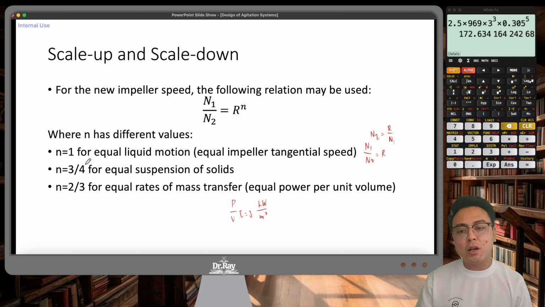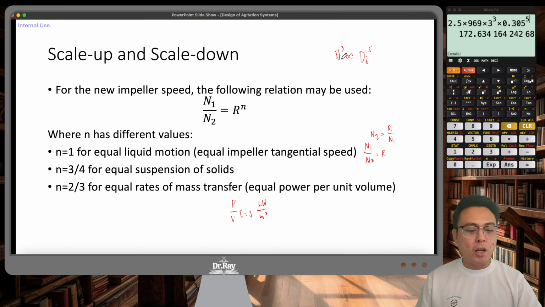So these are usually coming from experimental data, no? And from a large number of experiments, this is what we see that works as the value of this small n right here to relate to the impeller speed. Okay, the reason for this, remember, is because of the complicated relationship between the impeller speed and the impeller diameter.